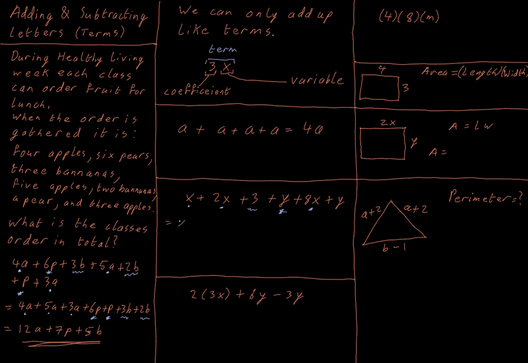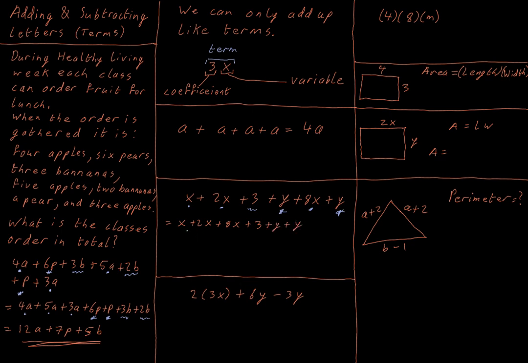I have an x and a 2x and an 8x all added together. So I'm careful. I look at the symbol that's in front of my term and make sure that the symbol stays the same. And I have, oh, and I missed a y. So make sure you have a symbol underneath everything. And I have a plus 3. And I have y plus y.